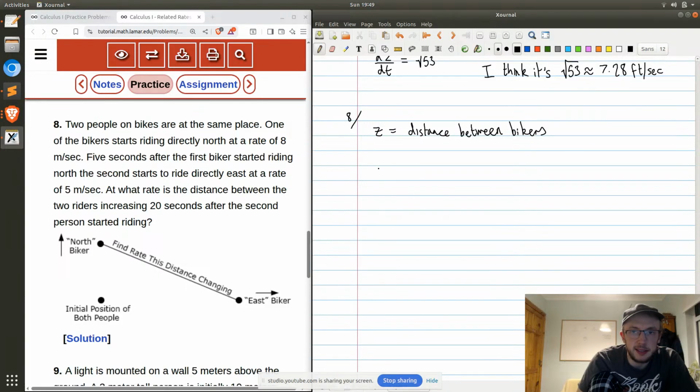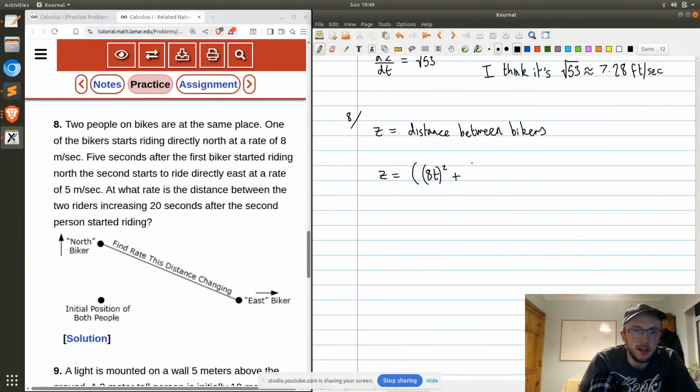Let that be that. Then, once again, using my technique, which is technically wrong somehow. I mean, it's not technically wrong, but it is. Okay, let's think. For the north biker, we'll say 8t squared.